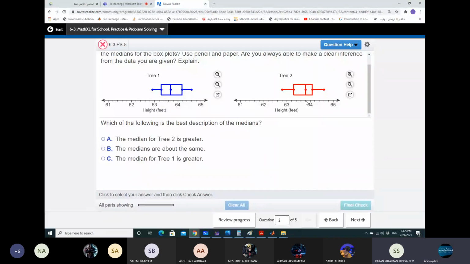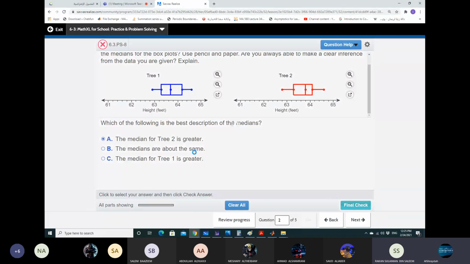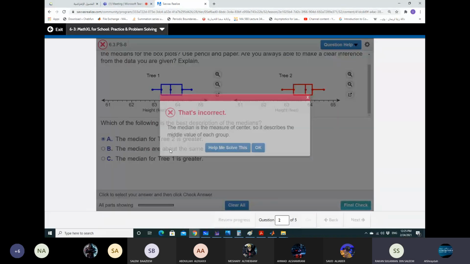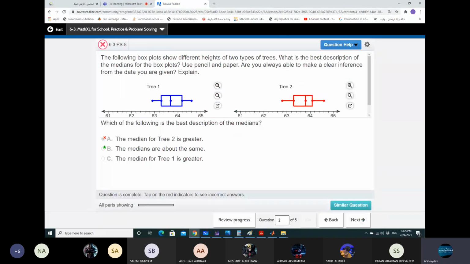The median here is 63.8, and here it's 63.7. Tree 2 is greater, yeah? But maybe they will answer that the medians are about the same. I don't know why they put it like that.